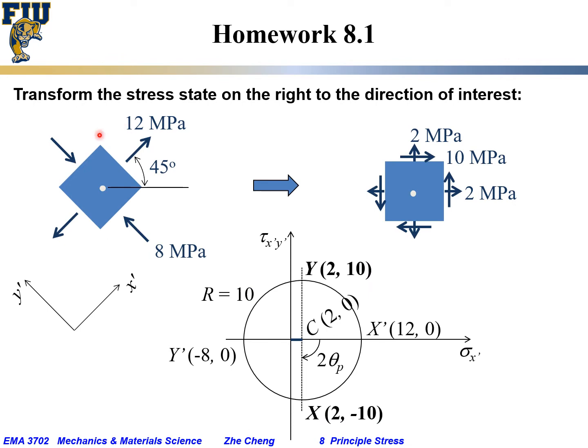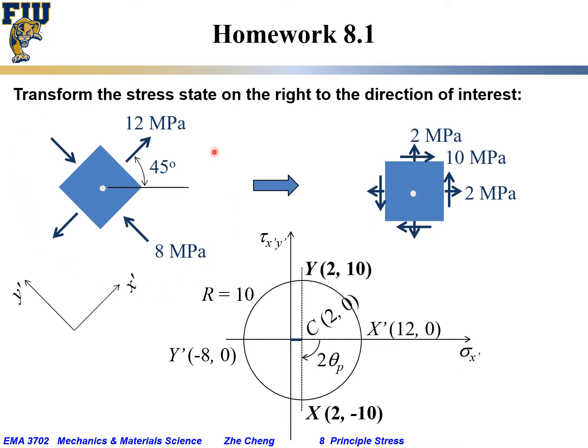So how do we do this? We copied the stress state on the right, and we are going to transform or rotate it to the direction of interest. Rotate it, let's say clockwise 45 degrees, so that it aligns like this. But how do we do this?